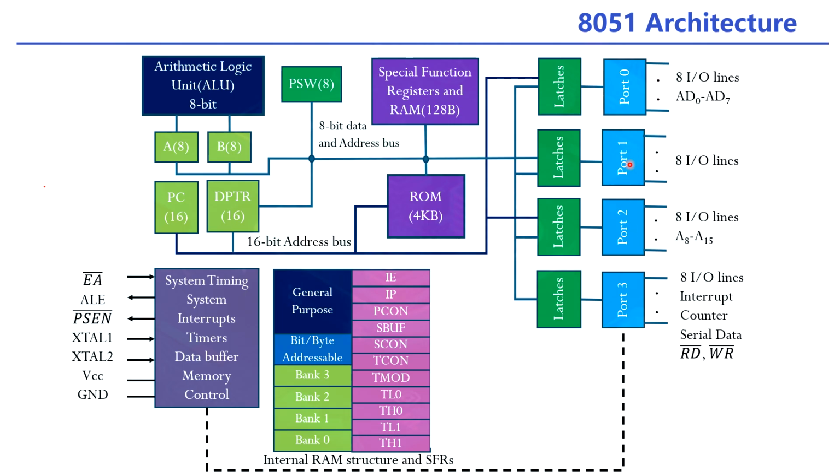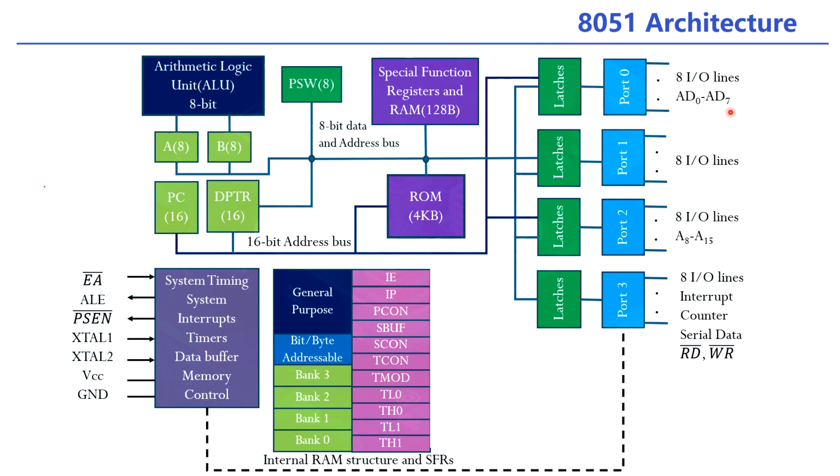These ports, port number 1, 2 and 3, are connected to pull-up registers internally, but in port 0, if we are using it as input output, then the pull-up register should be connected externally. Understood? Okay.